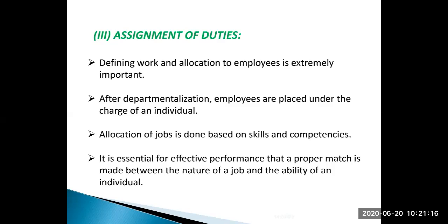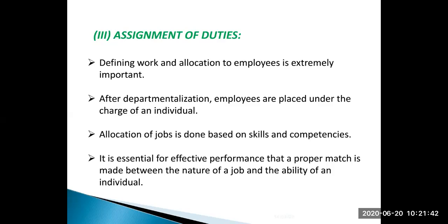It is very important that all the duties are assigned among the employees so that they are very clear about their job profile. Allocation of jobs is done on the basis of skills and competencies, as I said, there has to be the right person at the right place at the right time. So it is essential for effective performance that a proper match is made between the nature of the job and the ability of the individual.